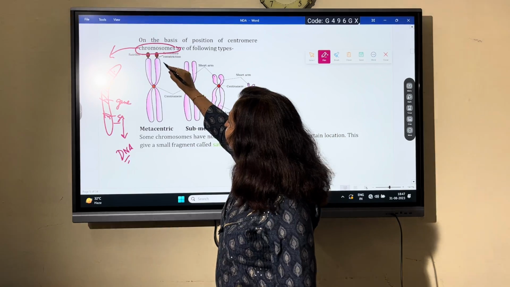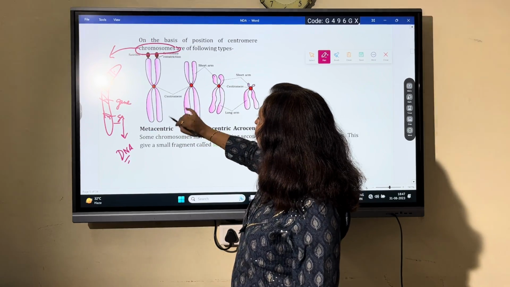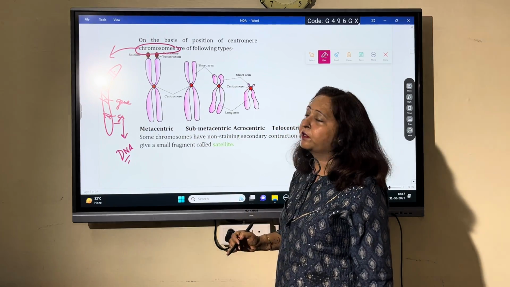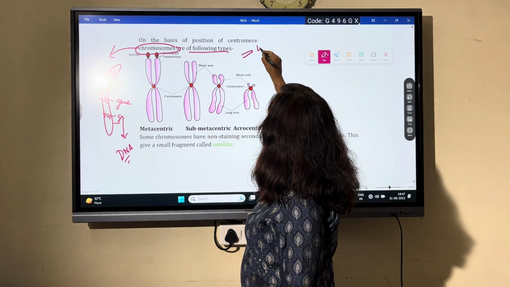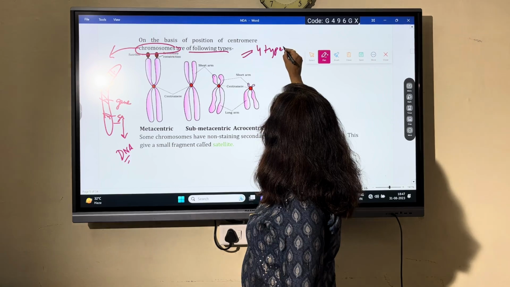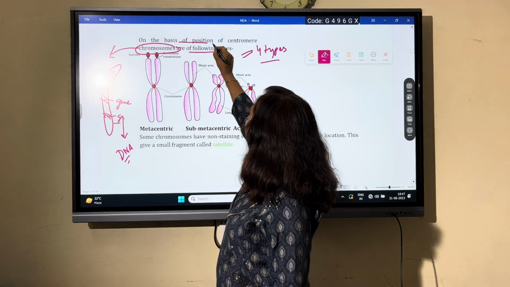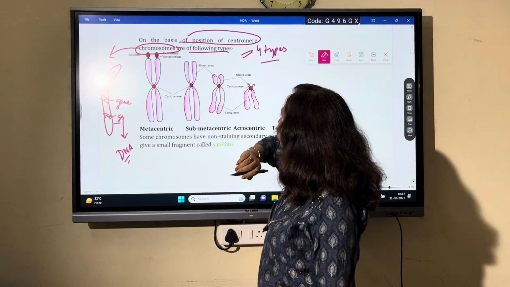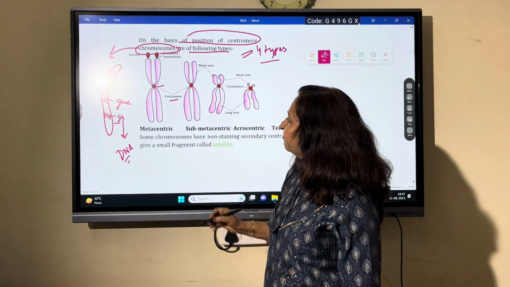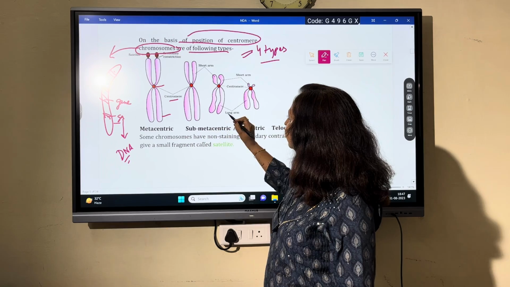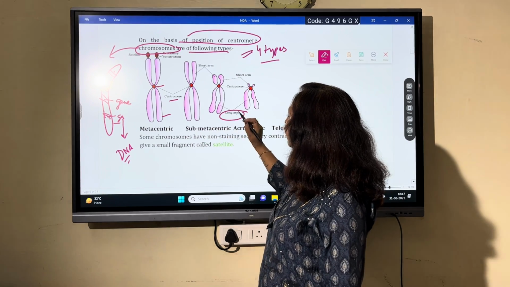Okay, so now we need to know the different types of chromosomes. Chromosomes are basically divided into 4 types on the position of the centromere. Now what is the centromere? This is the centromere, which is present in the center. These are the arms of the chromosome.